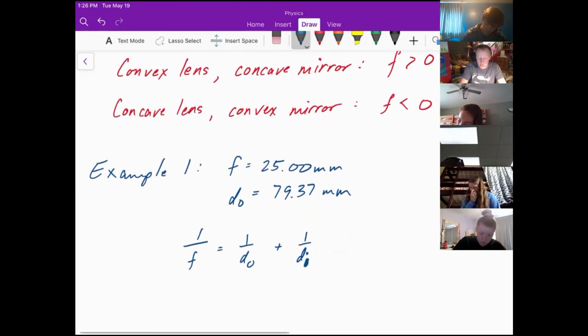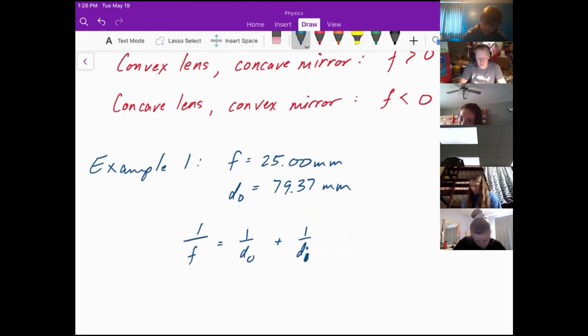I prefer to just put the numbers in and then do the math all together. So we'd have 1 over 25 millimeters is equal to 1 over 79.37 millimeters plus our unknown.